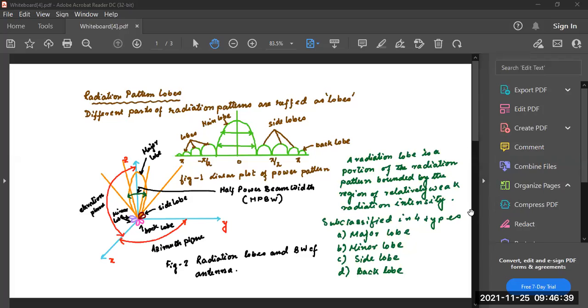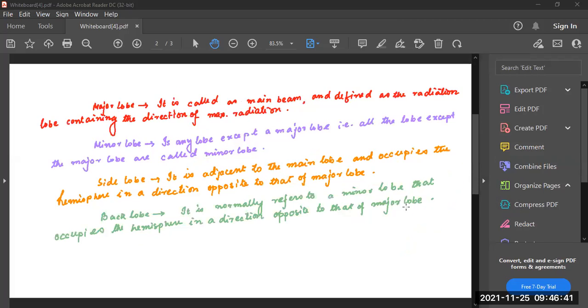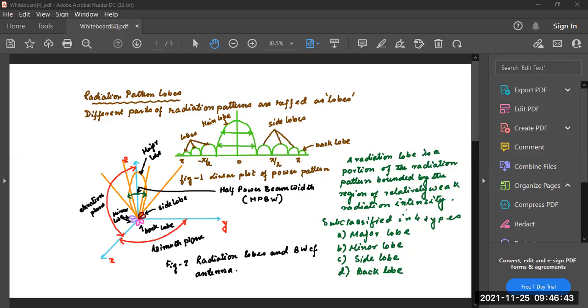We have talked about different types of radiation pattern lobes. You can see here, we told about what is the major lobe, what is the minor lobe, what is the side lobe, what is the back lobe, and all those things.